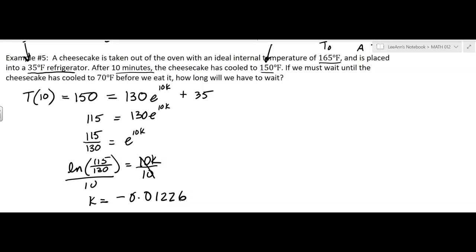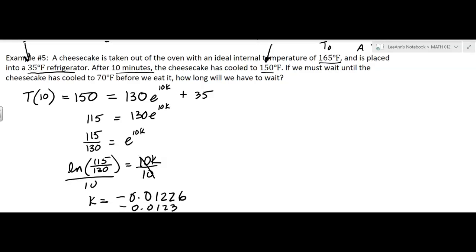I don't know how many decimals they're going to use. I'm looking to see. They rounded it off to negative 0.0123. So they went that many decimal places. It should be negative, right? Because it's cooling off. The temperature should be getting less for our cheesecake.